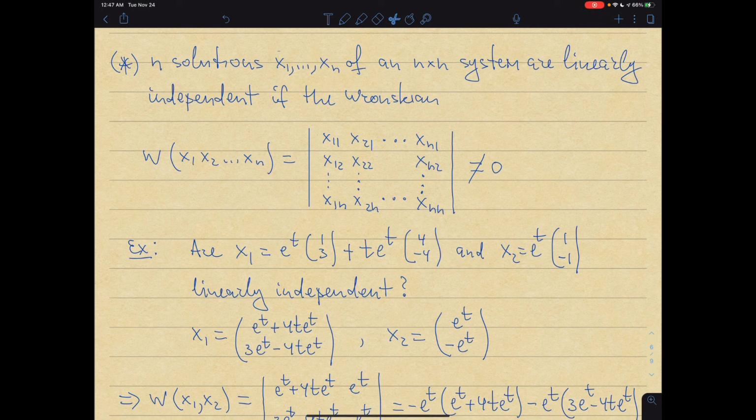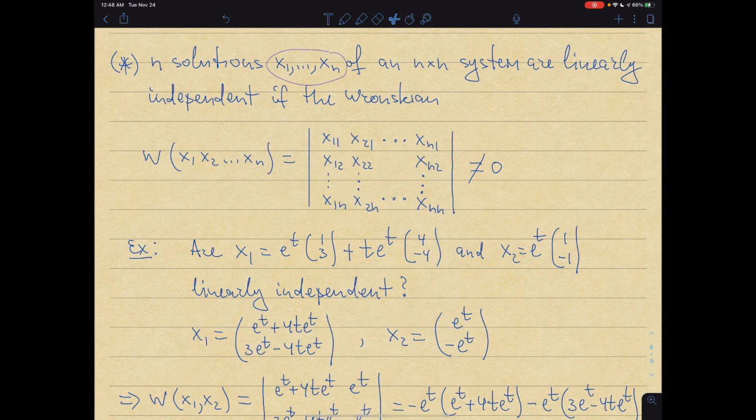So if I have n vector functions, x1 through xn, and let's suppose x1 has components x11, x12, etc., x1n, x2 has components x21, and so on. So again, my vectors are represented by columns.